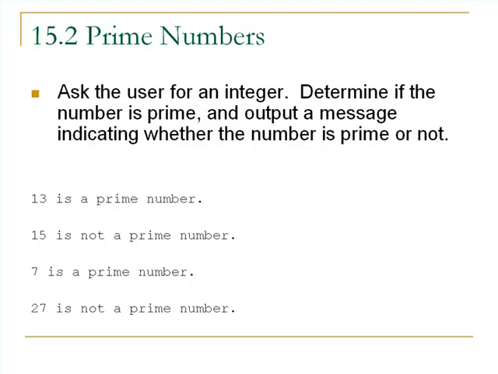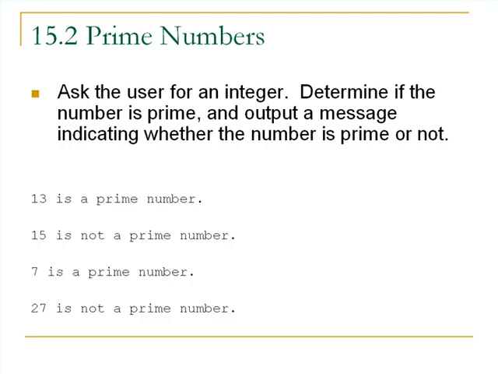And if you remember, a prime number is a number that is divisible only by 1 and itself. So it's considered that 2 is the first prime number and the only even prime number, because all other even numbers are divisible by 2.